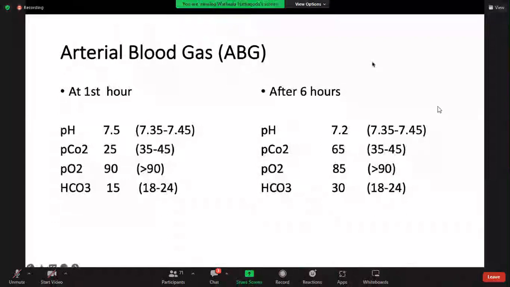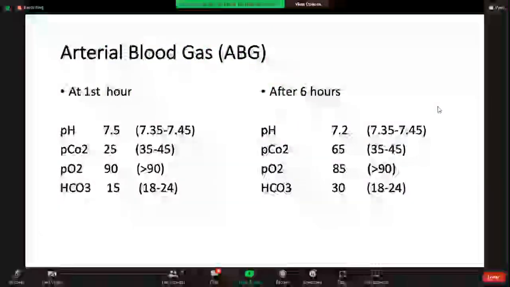Okay, what happened after 6 hours? Now it's an acidosis, madam, which can be explained by the increased PCO2.